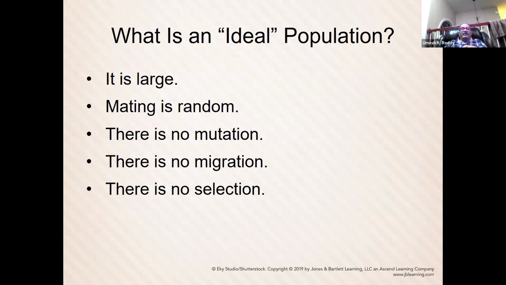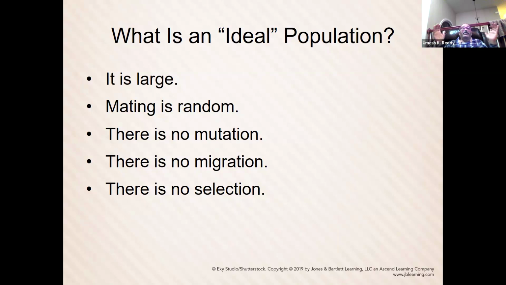Eventually, what will happen? Because there is no migration, nobody is coming from outside, and the mutation rate is low, all the deleterious recessive alleles will be exposed, and they become inbreds, like having brother and sister mating. And that is very harmful.